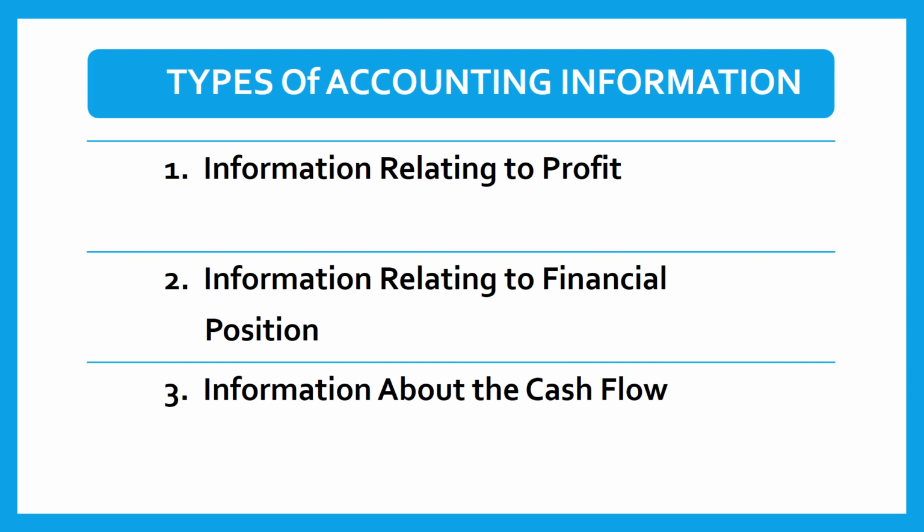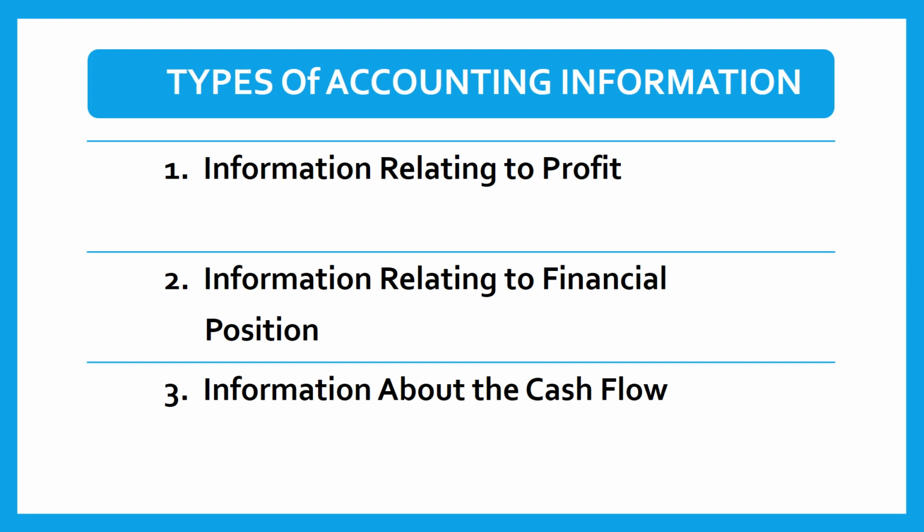The income statement is prepared in order to ascertain the profit earned or loss. The trading account is prepared to ascertain gross profit or gross loss, and the profit and loss account is prepared to ascertain net profit or net loss.